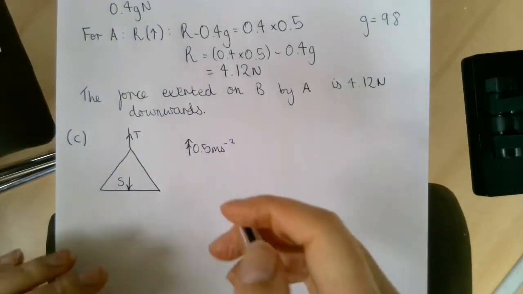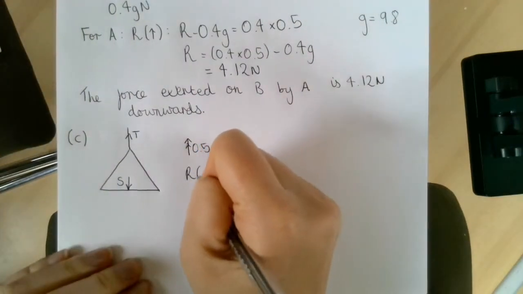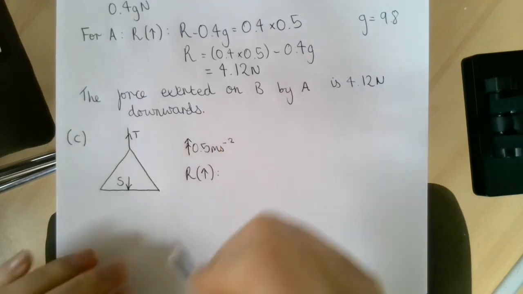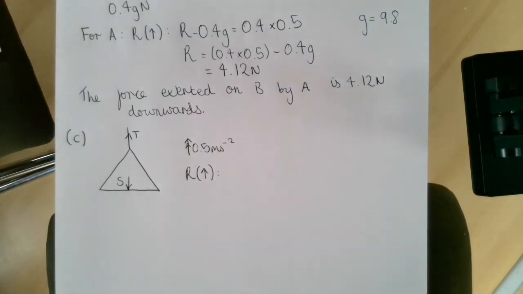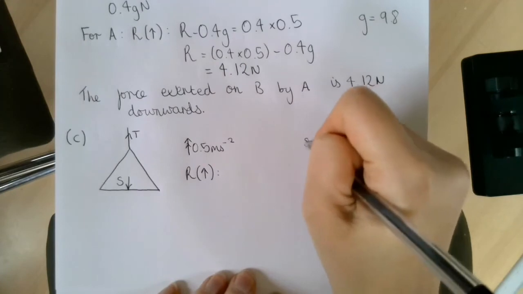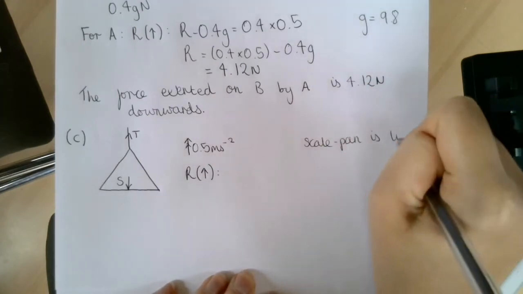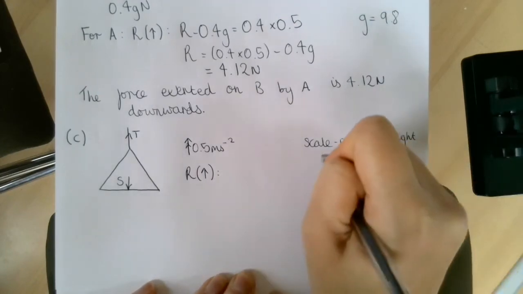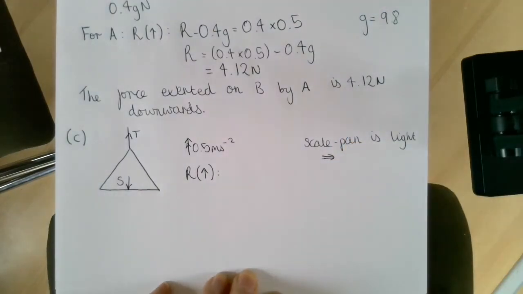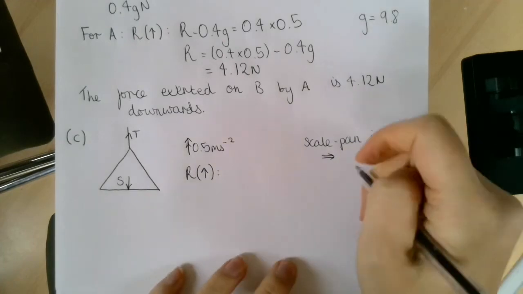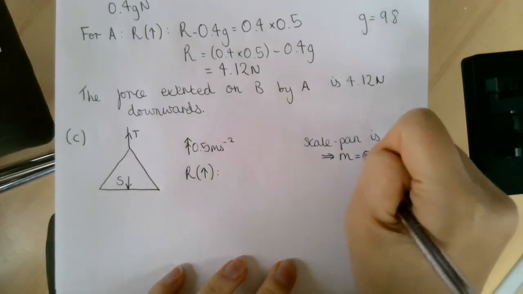So if we resolve upwards, now we are told in the question that the scale pan is light, which means that we can use a mass of 0.